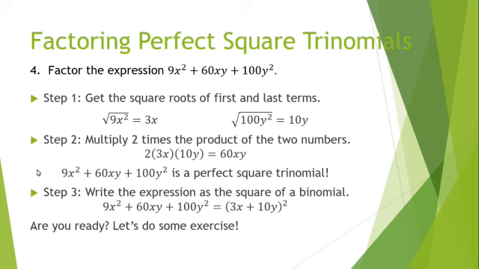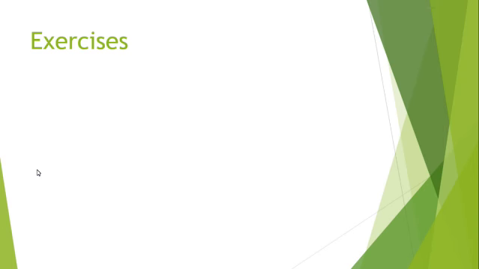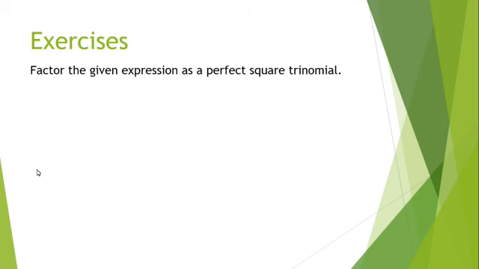Are you ready? Now let's do some exercise. In this exercise, we're going to factor the given expression as a perfect square trinomial. Here are the items. Number 1, x squared plus 6x plus 9. Number 2, x squared minus 10x plus 25.